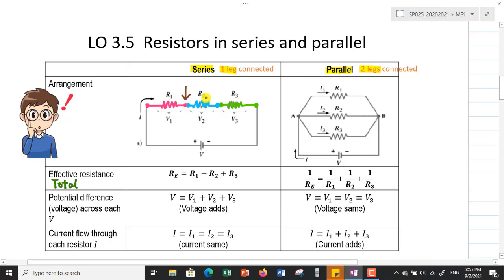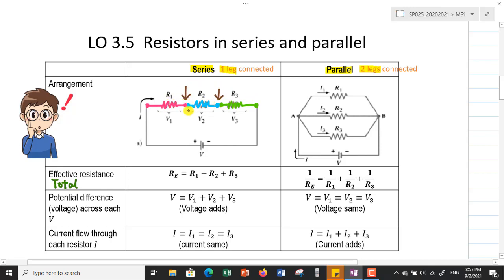See, R1 and R2 is only joined together at one of their leads. Another lead of R1 is connected to the battery. Another lead of R2 is connected to R3. So, this one we call it as series.